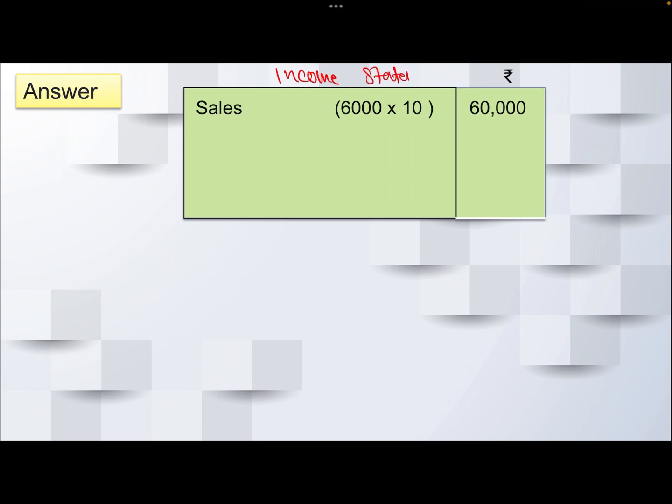6,000 into 10. So how many pens did we sell? 6,000. For each pen we got 10 rupees as selling price. So total sales will be 60,000. Then minus variable cost. What is the variable cost? 6 per pen. So 6,000 into 6 is equal to 36,000.